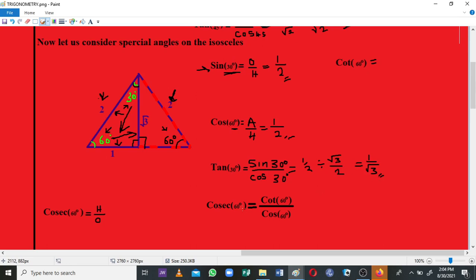Now we can solve cot. For cot 60 degrees, we know that cotangent is equal to cos 60 degrees over sine 60 degrees.